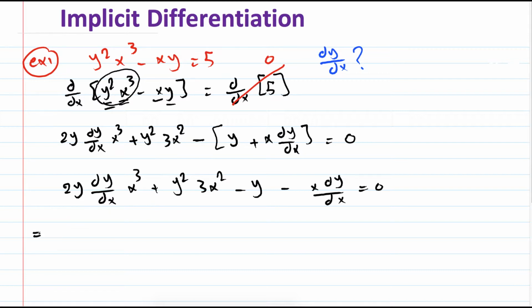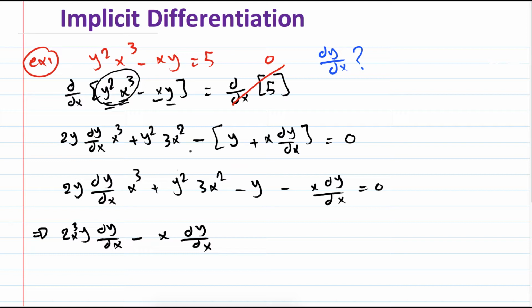So from this I'll have 2y dy dx, or I can put just the x to the 3 right here. So 2x to the 3y minus x dy over dx.